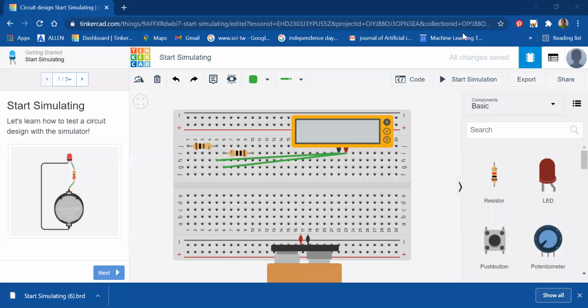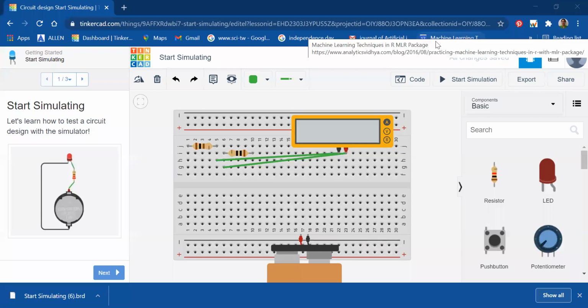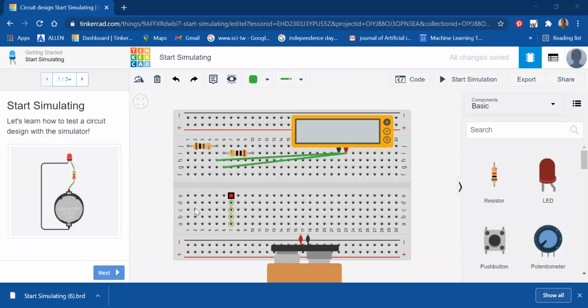Before I start the experiment, I would like to tell you something about the breadboard. For the breadboard, all these alphabetically vertical lines are interconnected with one another.